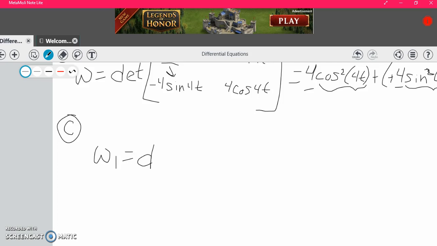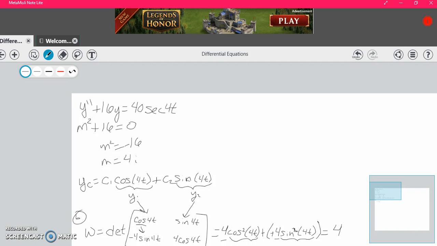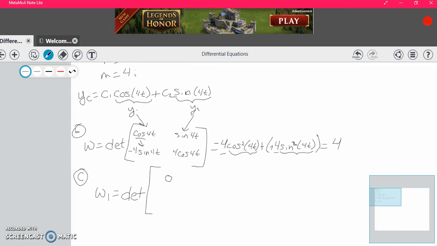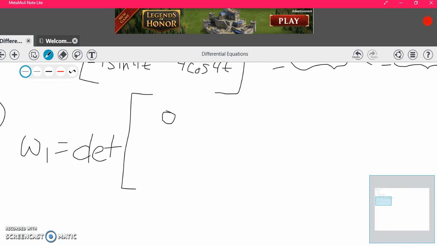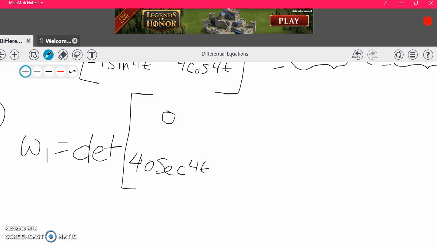Now it wants you to find W1 and W2. For W1, you put in 0 and f of x, and our f of x, as you can see up here, I'll just underline it for you, this is our f of x. Move it back down here. And we have 40 secant 4t.